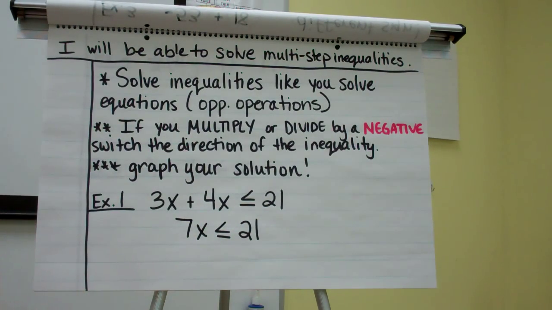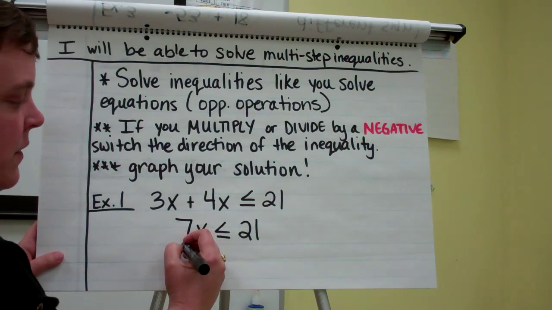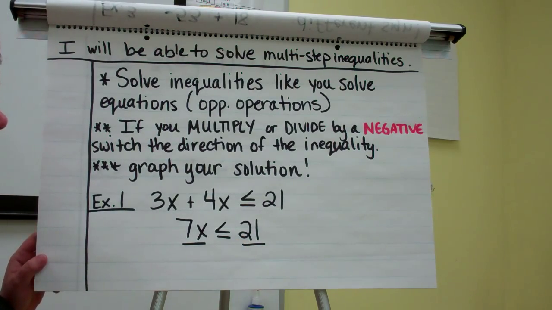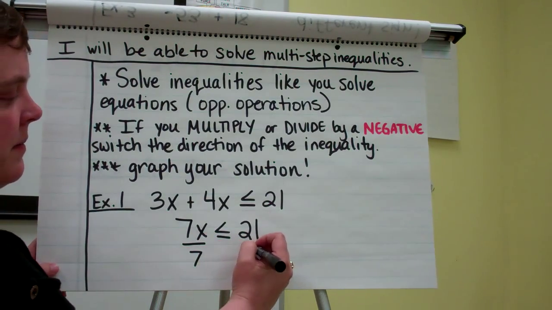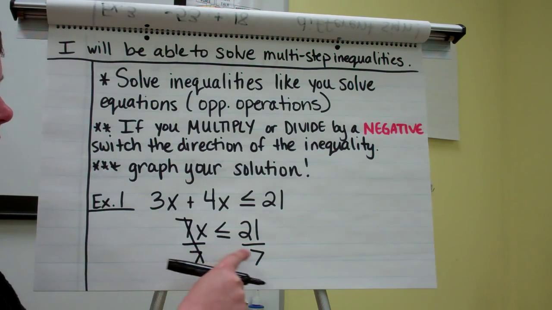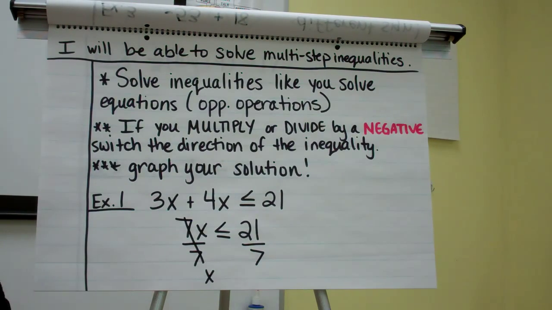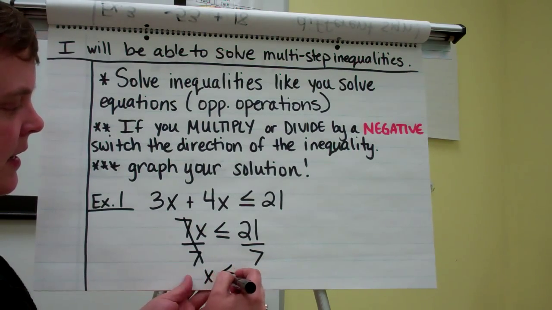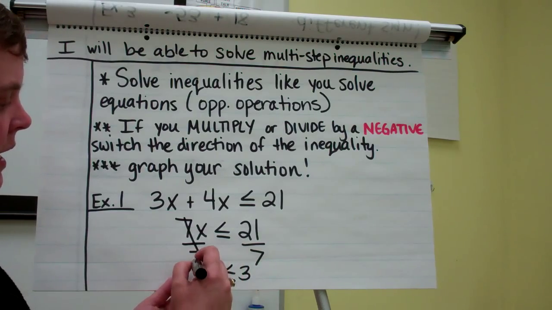Okay, and then I can use opposite operations. This is multiplication. The opposite of multiplication is division. And in this case, I'm going to divide both sides by 7. That gives me x. And since I'm not dividing by a negative, I do not flip the inequality sign. It's fine, just as it is: x ≤ 3.